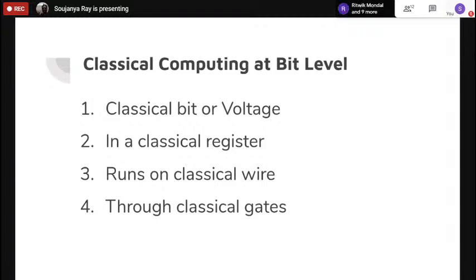And they are stored in a register made up of either a capacitor or flip-flop or a transistor maybe. And they run on wires, that is normal wires that we have, but in the CPU, the wires are much smaller, much better defined, and they have very little resistance, but they are principally wires. And the entire thing runs on gates. Now gates as in Boolean gates like AND gate, OR gate, NOT gate, XOR gate, we have different kinds of gates. So this is classical computers at a bit level.